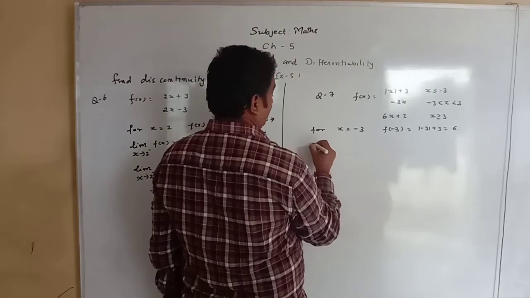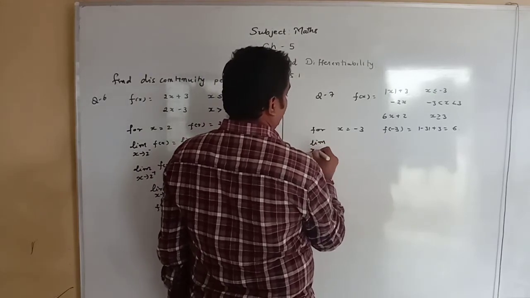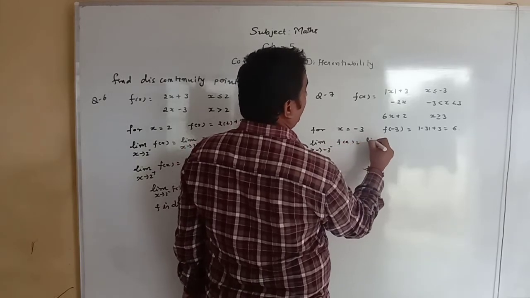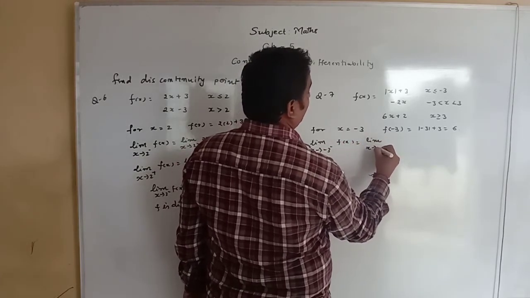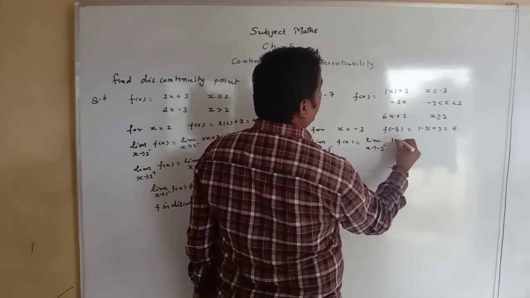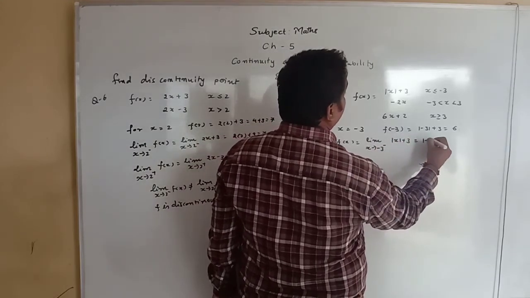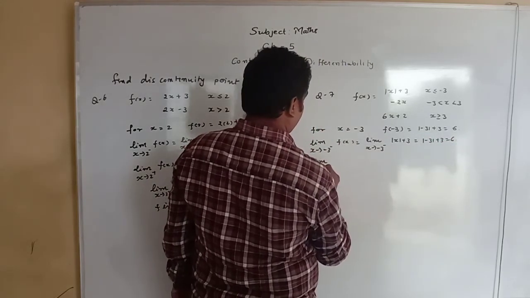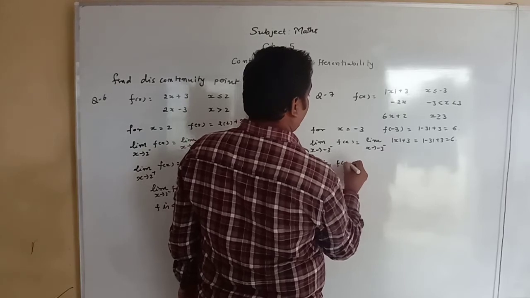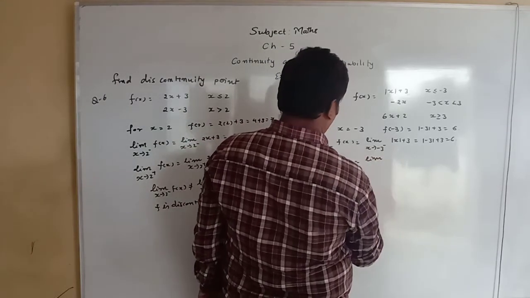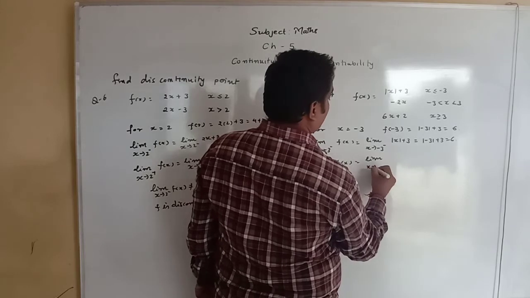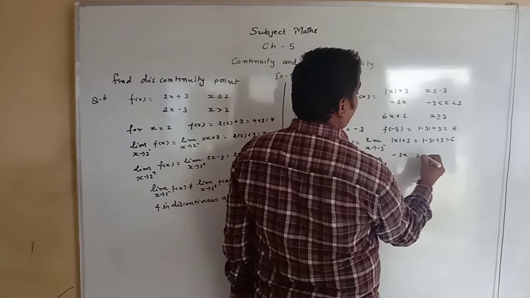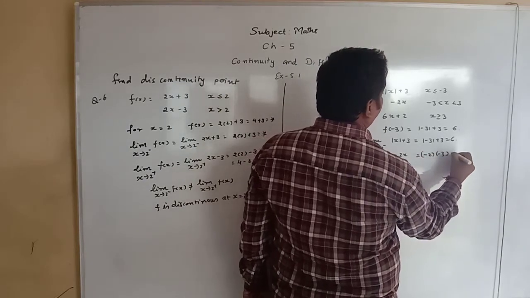Now limit x tends to minus 3 minus f(x) we take, then it is limit x tends to minus 3 minus modulus x plus 3, which is modulus of minus 3 plus 3 equals 6. And limit x tends to minus 3 plus f(x) we take, so it will be minus 2x, so minus 2 into minus 3, which will be 6.